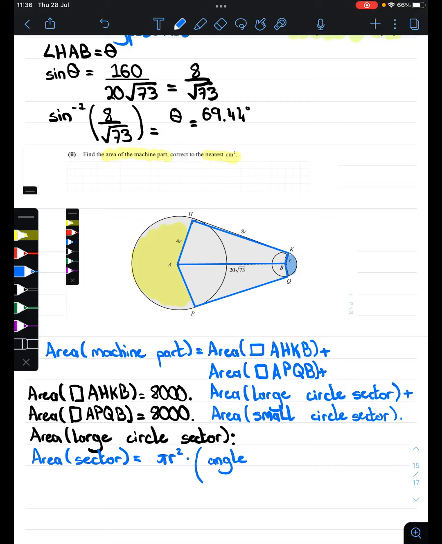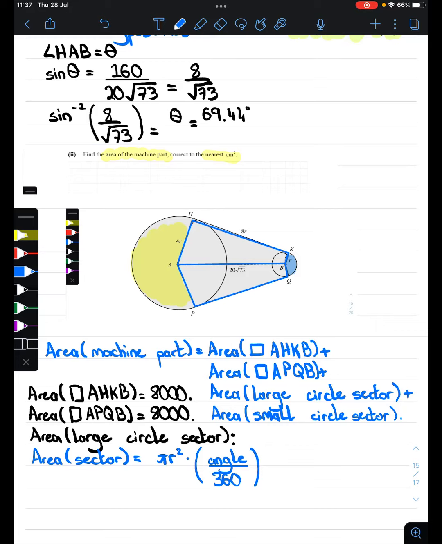If you think about this, it makes plenty of sense. If the angle was the whole thing, all 360, then this would just be pi r squared by 1, which we know is the area of a circle. And if it was half the circle, 180, then it would be pi r squared by a half, which we know is the area of a semicircle. So this formula makes sense.